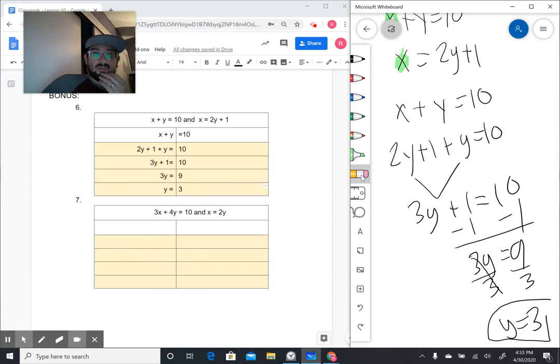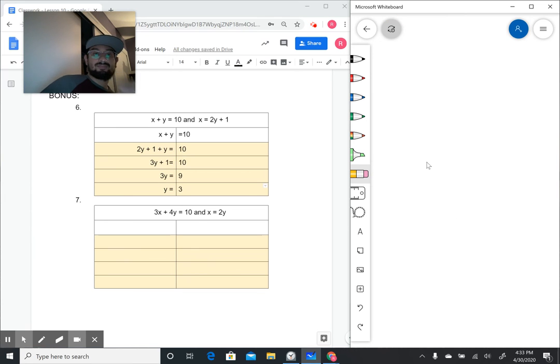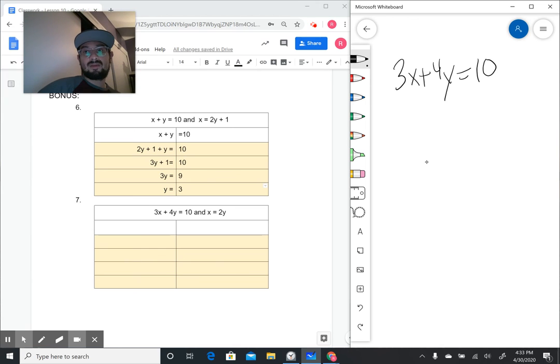Okay, so one last problem. So 3x plus 4y is equal to 10. X is equal to 2y. And then we're going to substitute this x here.